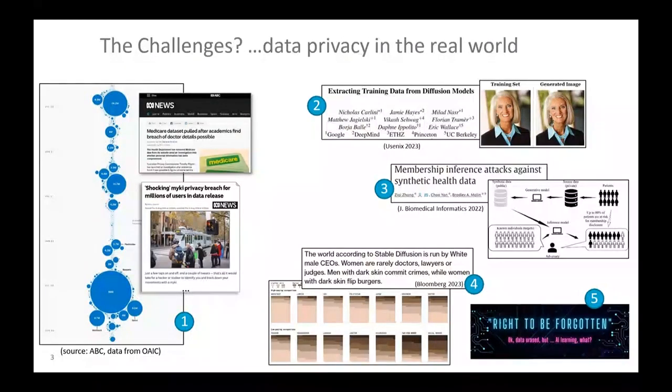So the first issue that I wanted to highlight is that often the actual privacy risks in data are not very well understood by data custodians. We've had a number of examples of that in the past few years in Australia, where data that was supposedly de-identified, supposedly anonymized, actually was not.